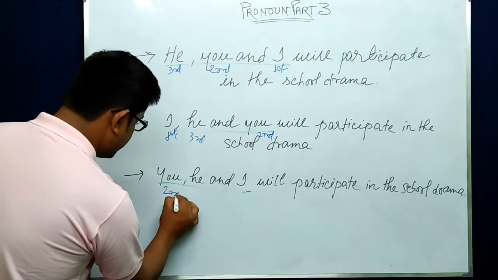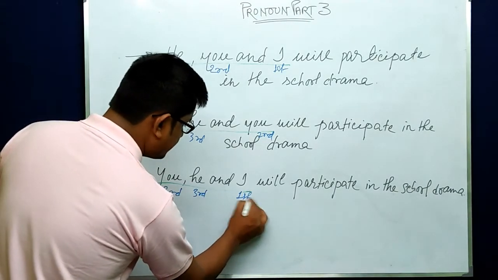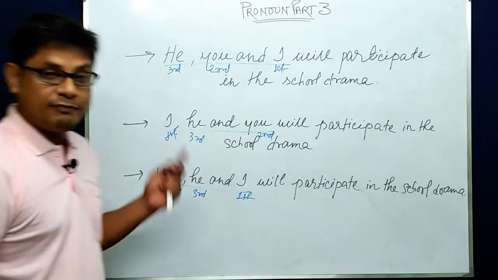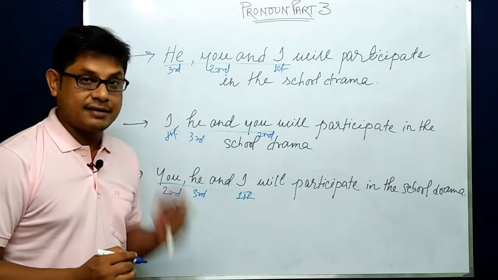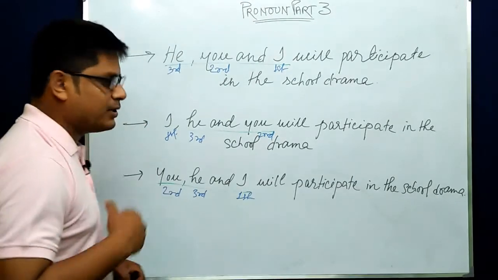And again, second person, third person, and first person. So you have to find out which sentence is correct according to the grammar rules, right? That's the thing that we get confused about.